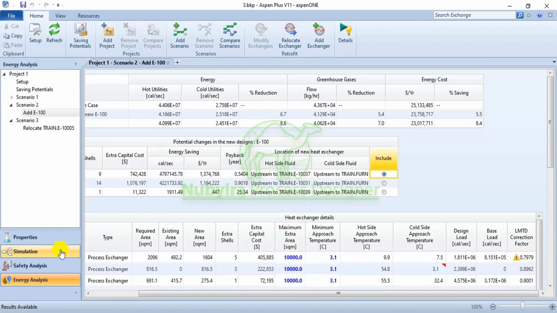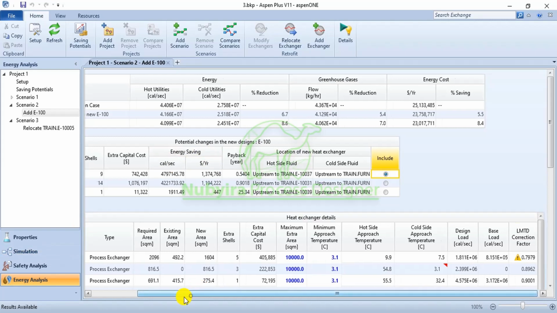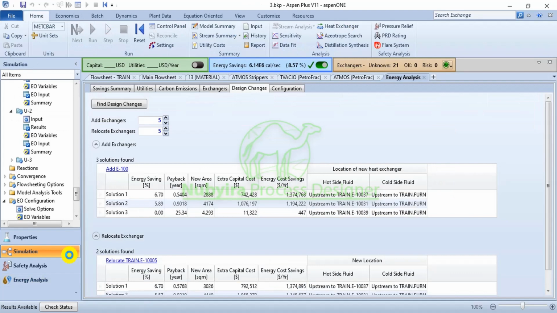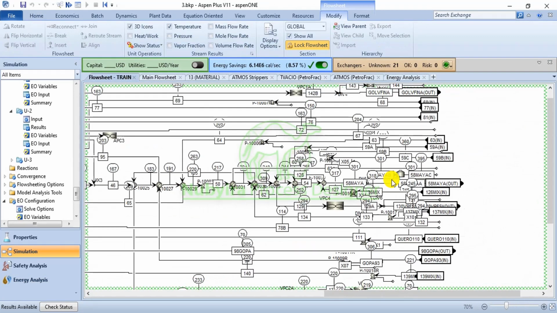So go back to the simulation environment. I want to duplicate this to increase the current simulation case hot and cold utilities and get this reduction in the process by following the suggestion of this. So I'm going to go back to the flow sheets.